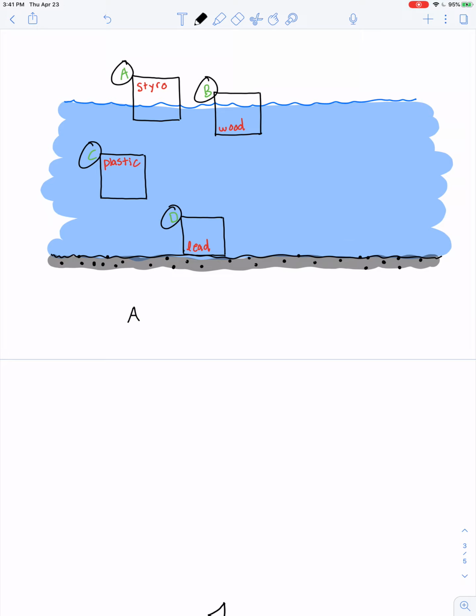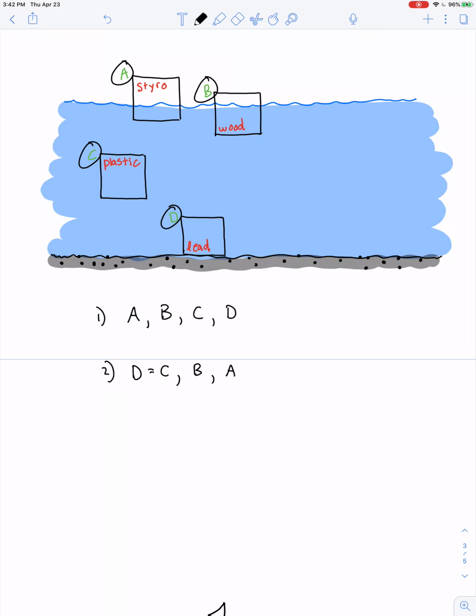A has the greatest, B has the second greatest, C has second to last, and D has the least buoyant force of all. Or, here's another option. The buoyant force on D equals the buoyant force on C. The next greatest buoyant force would be B, and the least buoyant force of all would be A.